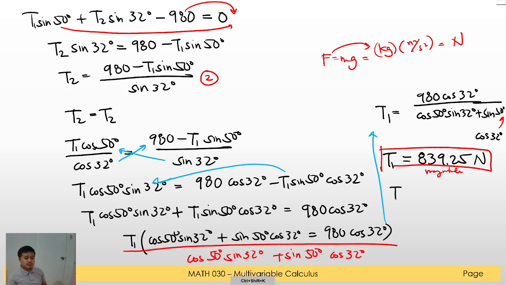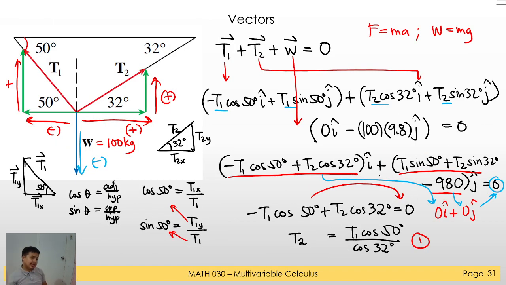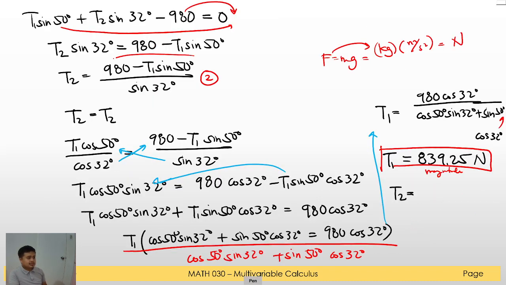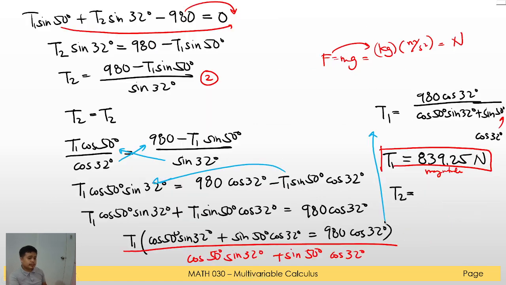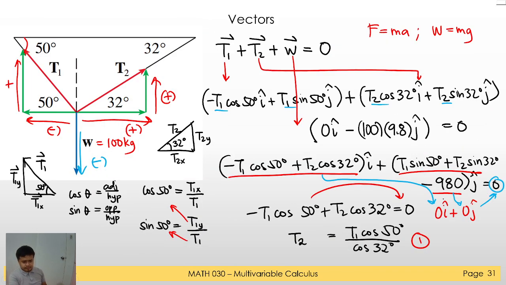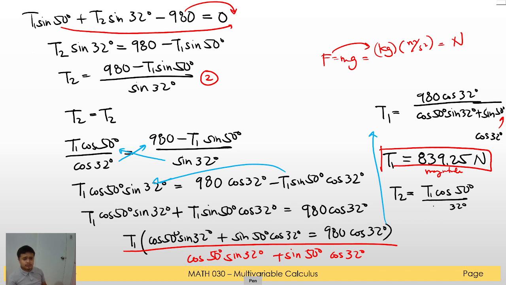So we want to find also the tension 2. For tension 2, either you utilize this or the other equation. You can substitute T1 here. To make things easier, I'll just utilize this one, which is much shorter. So we have T1 cosine 50 over cosine 32.